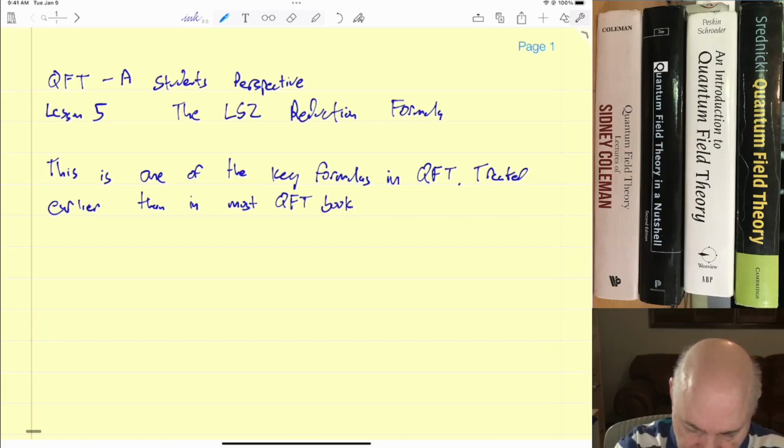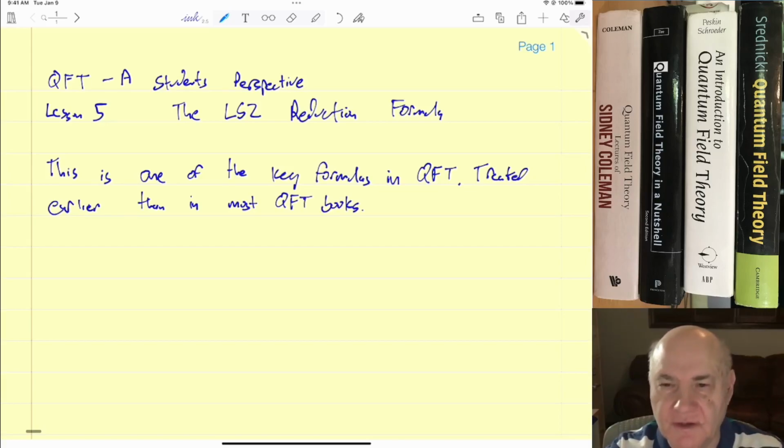But I like his treatment. Every book sort of fudges when they derive this formula, and the derivation isn't that important. It's nice to follow and go through, but whether it's really sound or not is another thing.